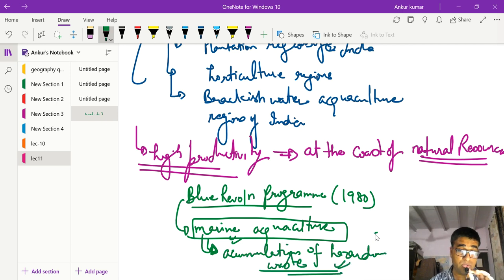This has led to depletion of the natural resources, the land and the water, in those areas where this kind of activity was done.